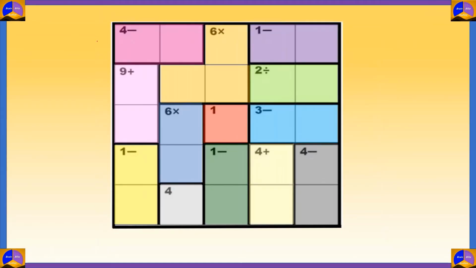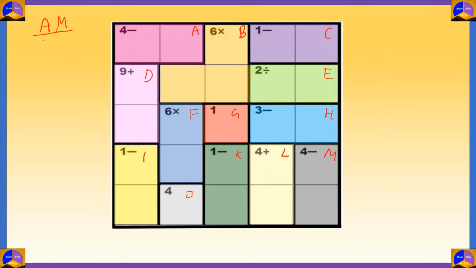Now this is the second puzzle. Let's name the cages. Cage A, cage B, cage C, cage D, E, F, G, H, I, J, K, L, M. Now cage A and cage M are the same, so they will have the same options.